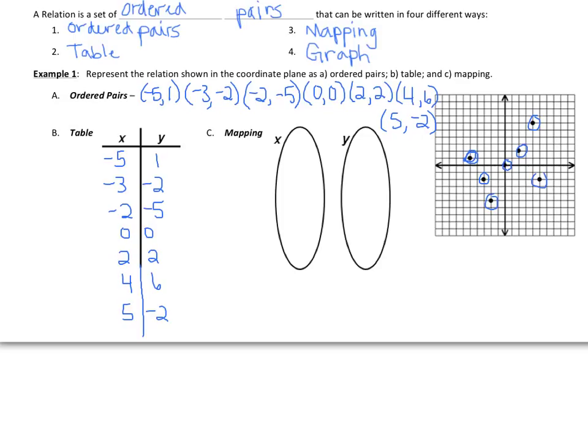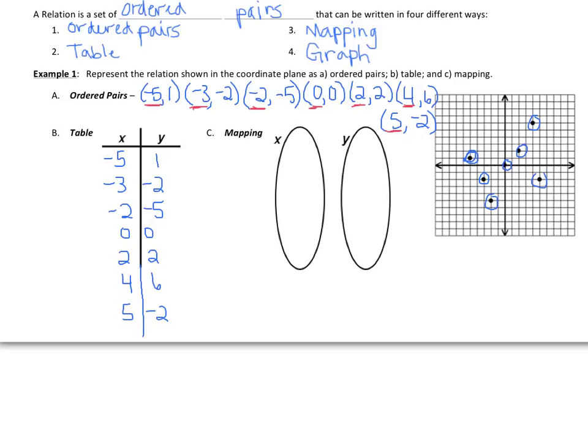Okay, then we have our mapping. Now with the mapping, what we generally do is we list our x values from least to greatest. So let's look at our x values in all these ordered pairs. So we have a negative 5, we have a negative 3, negative 2, 0, 2, 4, 5. Since I listed them in order from left to right, those are already in order from least to greatest.